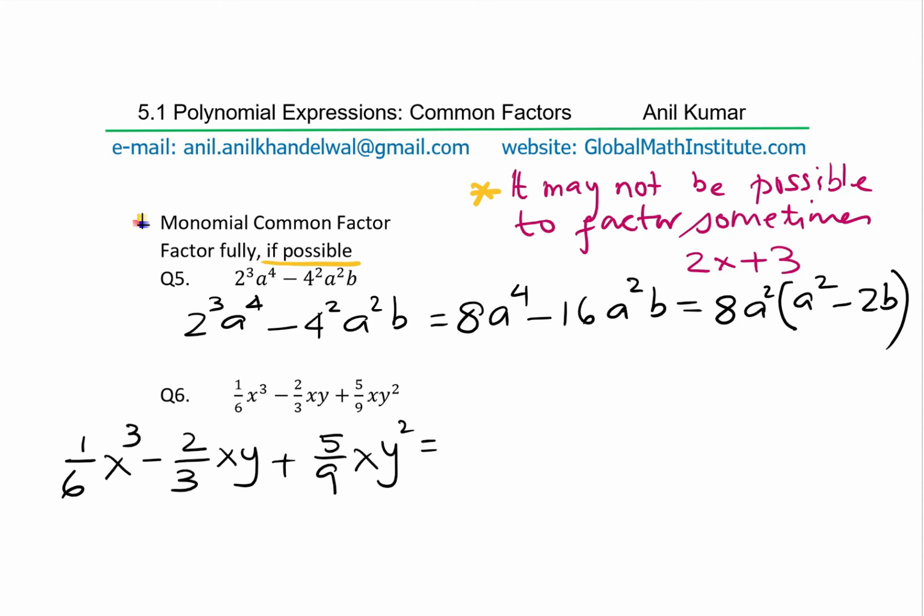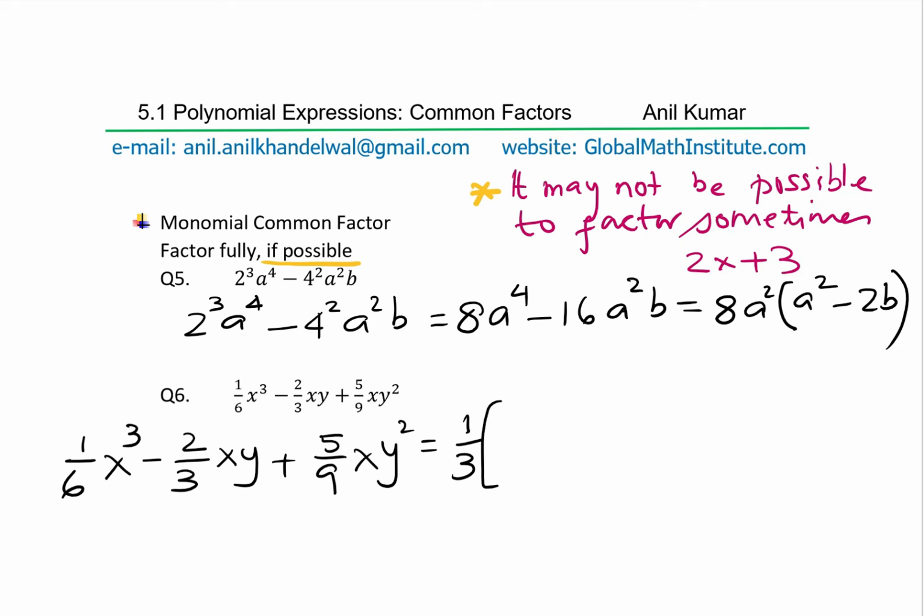What do you think is common between the numbers? Well, 1 over 3 seems to be common, so we'll take that as a common factor. Now, to write the numbers which come as the coefficients of these variables, we have to divide them by 1/3. That is as good as multiplying by 3, right?